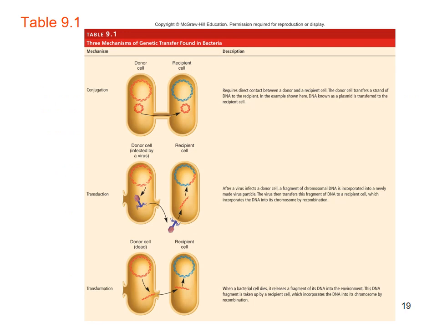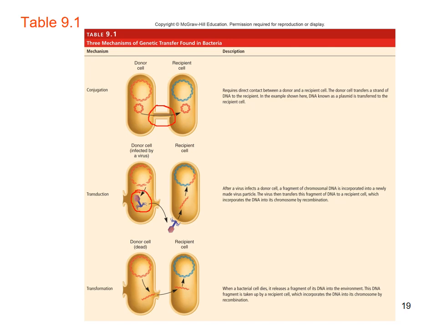Here is a nice little table that summarizes our three mechanisms. The top one is conjugation, where you have a donor cell and a recipient cell that are physically connected to each other, allowing for genomic material to be swapped. In transduction, we rely on a viral model, a bacteriophage.